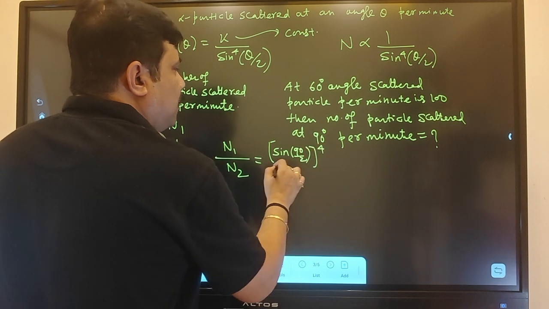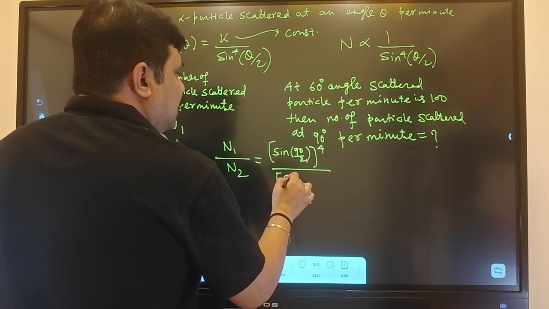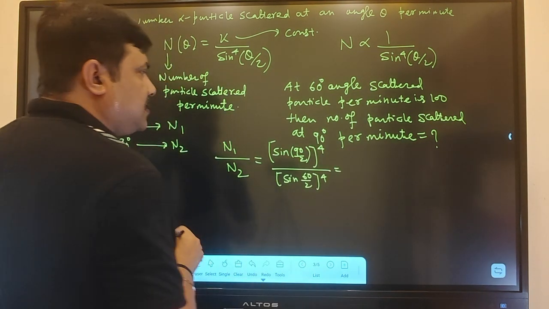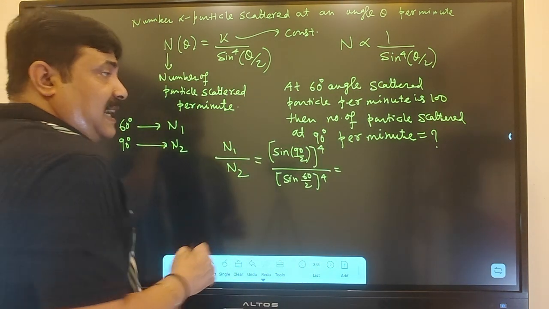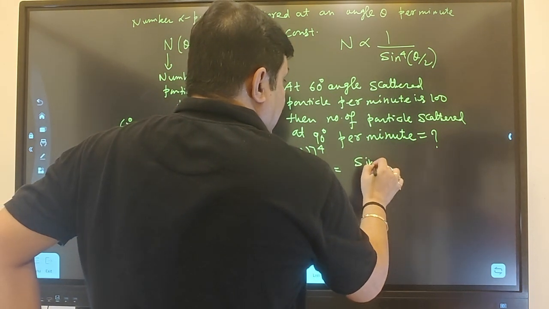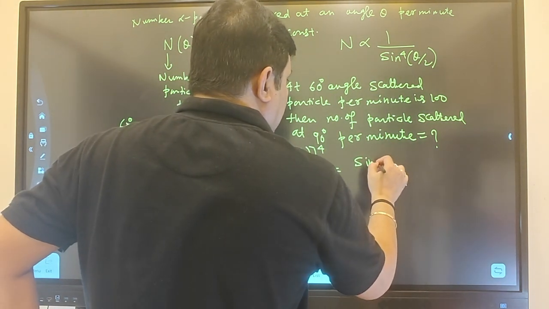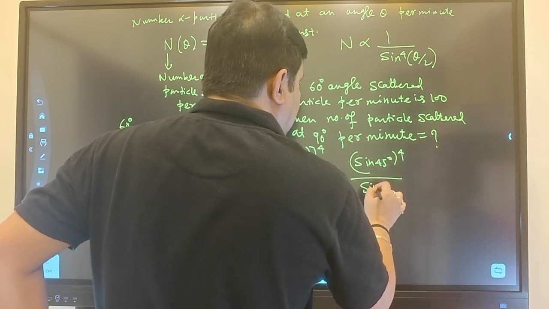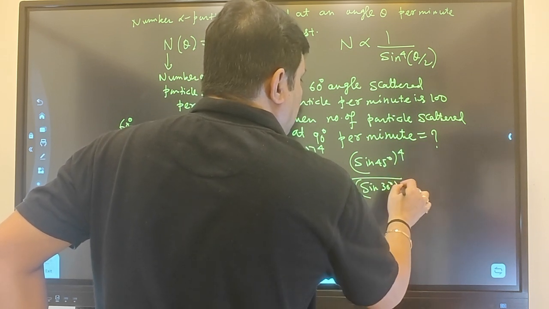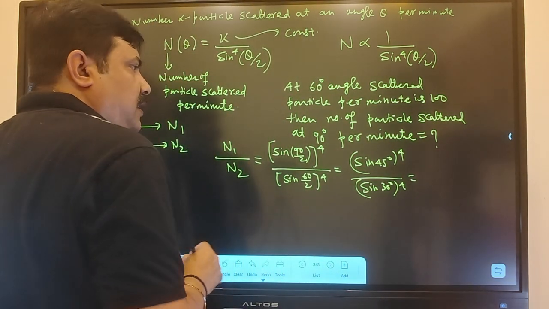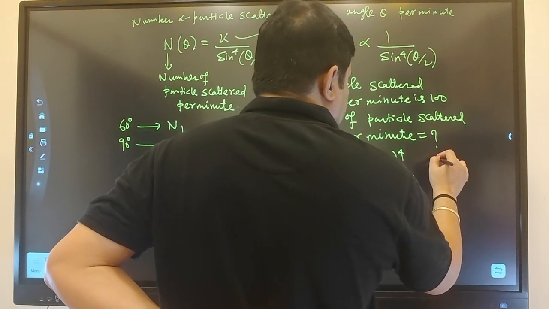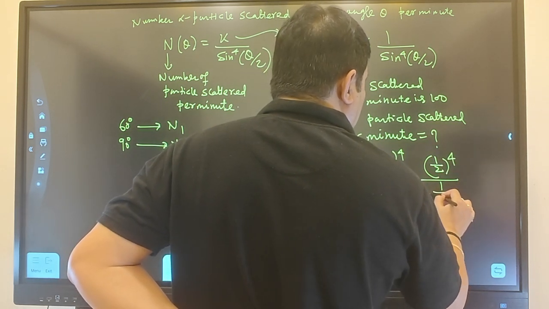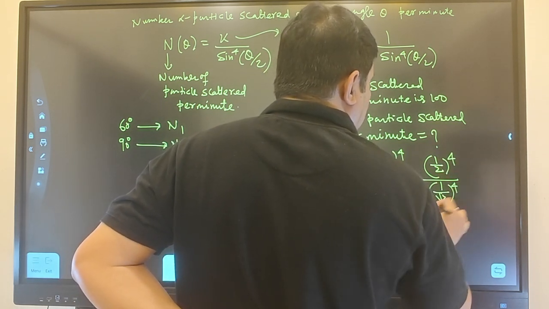Whole power 4, by sine 60 by 2 whole power 4. This is 90 by 2, meaning sine 45 to the power 4, here sine 30 to the power 4. Now sine 45 value is 1 by 2, I think, 1 by 2 to the power 4, sine 30 value is 1 by root 2 to the power 4.